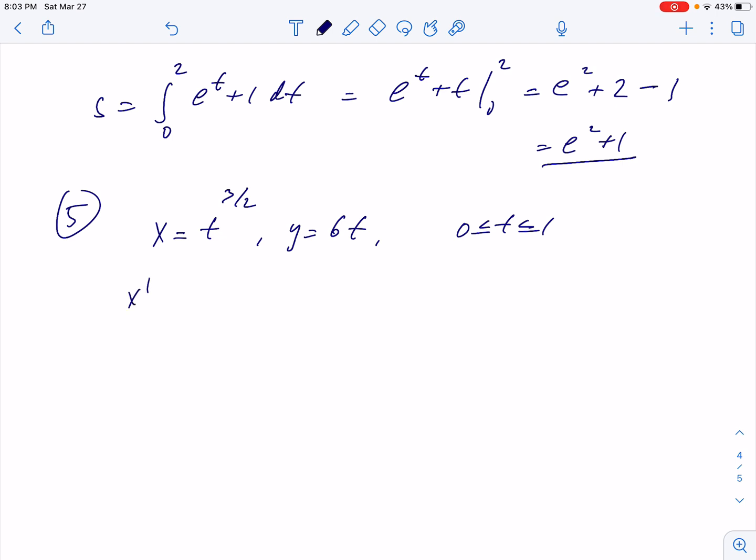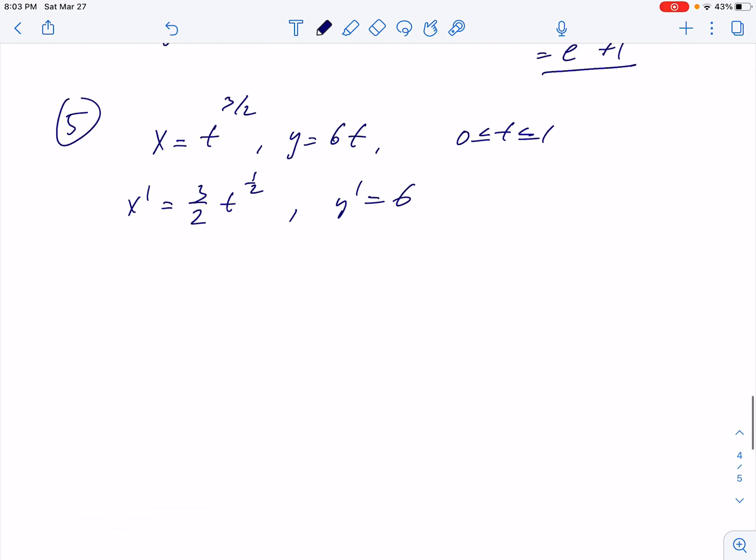Here we have x prime equals 3/2 t to the power 3/2 minus 1, which is 1/2. y prime is 6. Okay, x prime squared plus y prime squared will be 9/4 t plus 36.